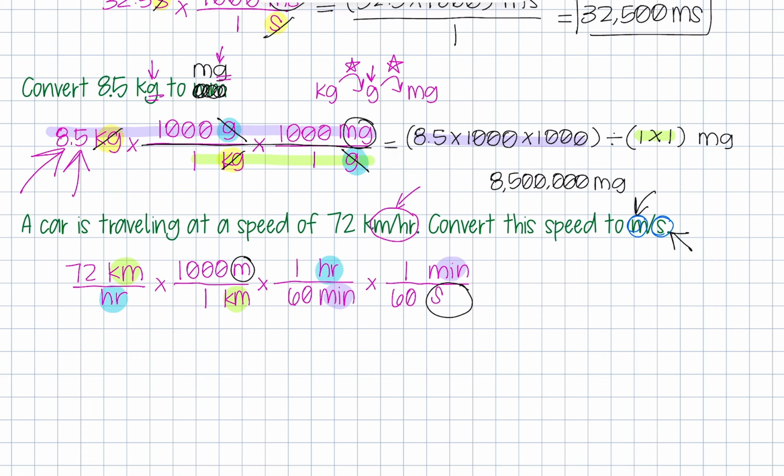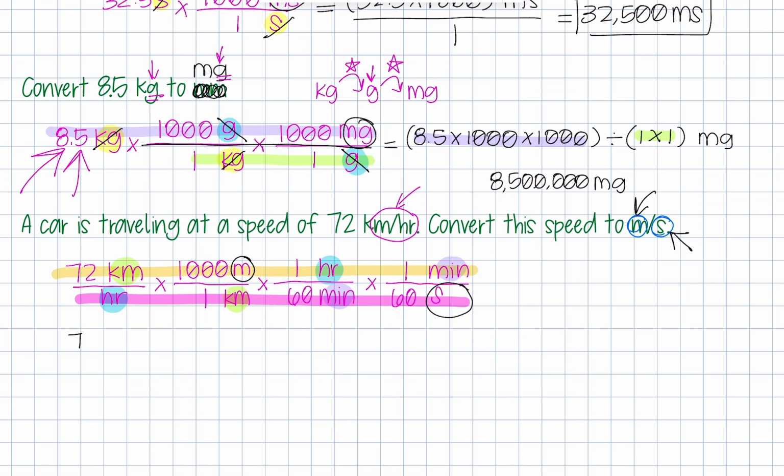Now I just plug it all in. I'm going to follow that same method I was doing before. Everything on top multiplied together in one set of parentheses. Everything on the bottom multiplied together in another set of parentheses.